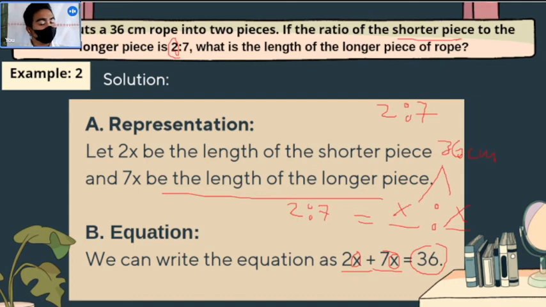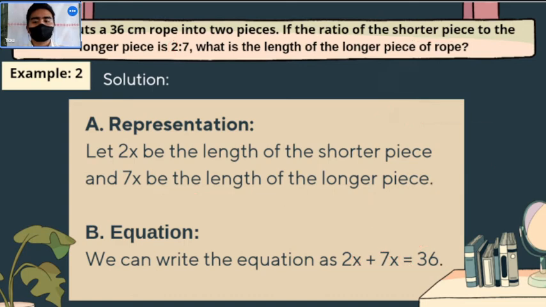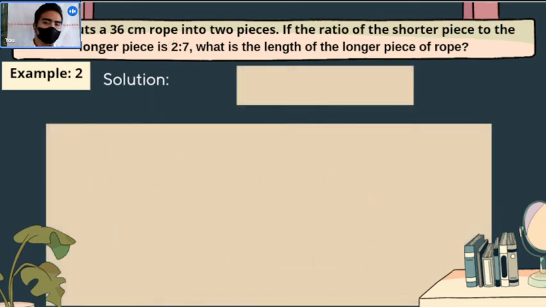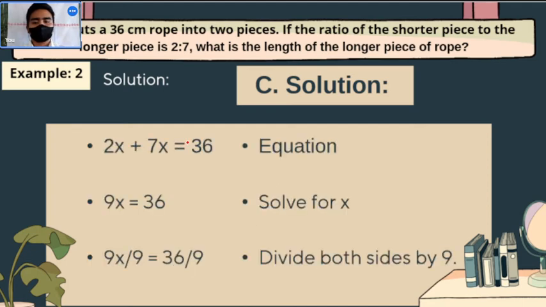Please kindly listen because this is somewhat related to what you have in high school. So how are you going to find x? This is the equation. Please remember this equation. Let's say your equation is 2x plus 7x is equal to 36.